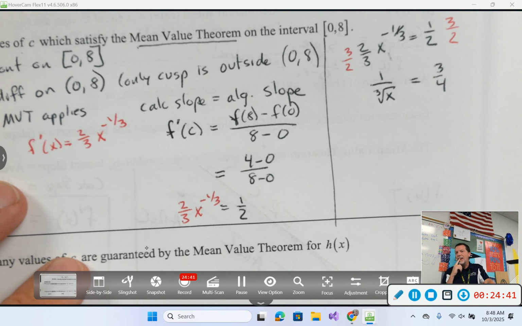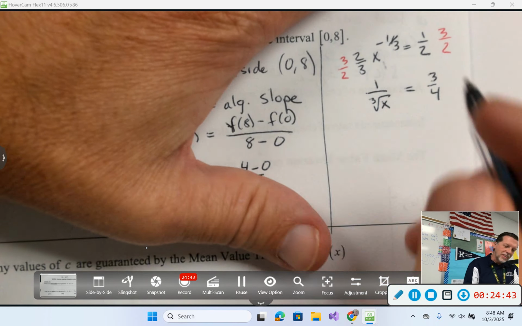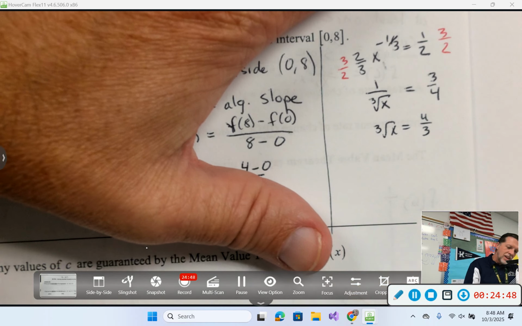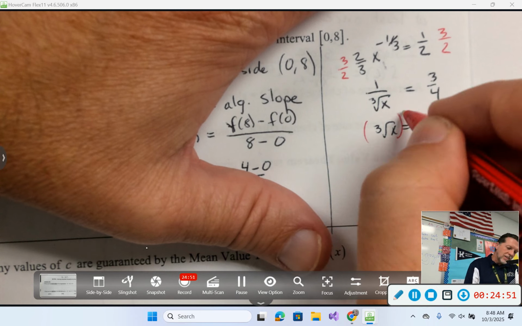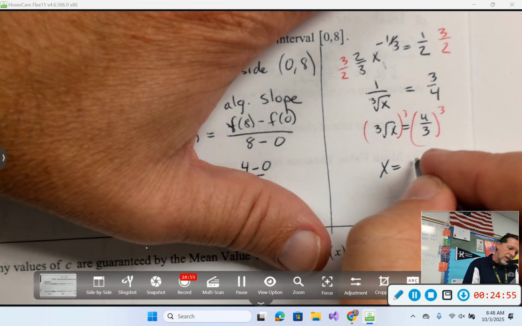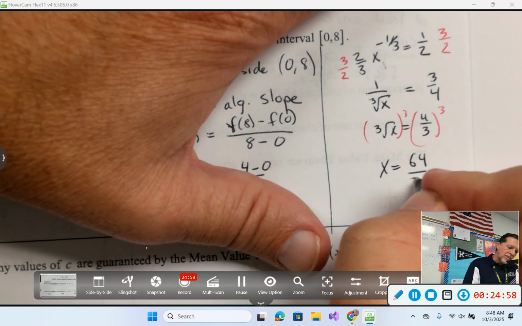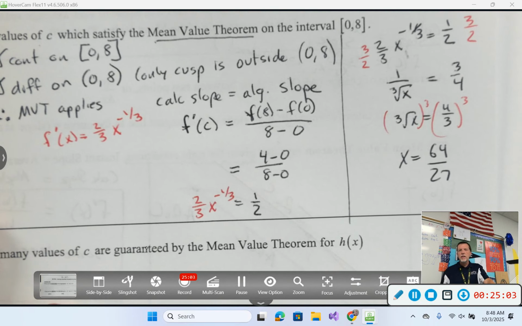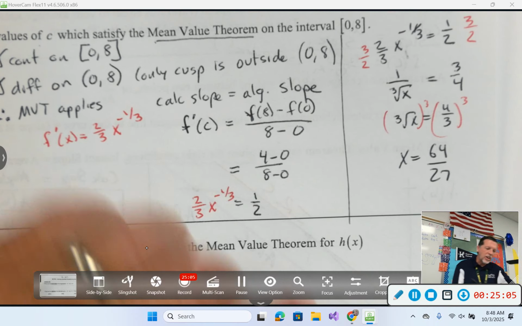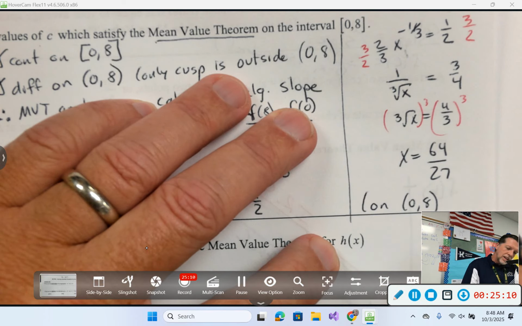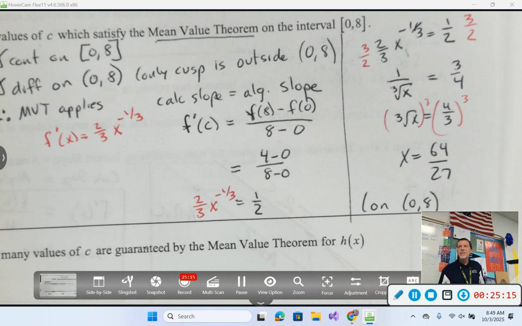It would be 64 over 27 because I'm going to flip both sides, and then I'm going to cube both sides. And that would be a safe stop, but yeah, that's 64 over 27. And then my final last check is, is that on 0 to 8? 64 over 27?